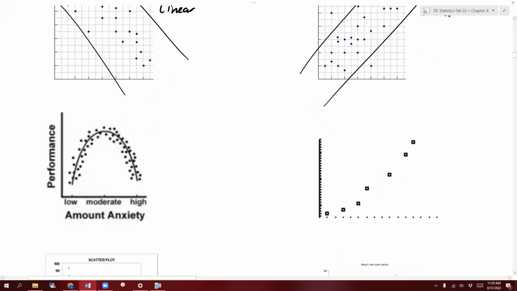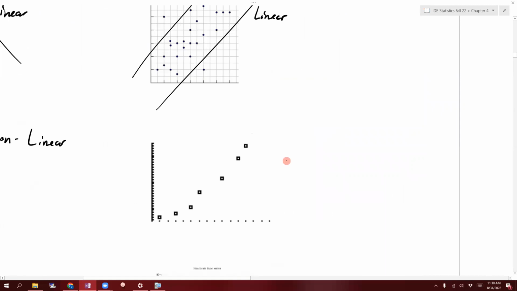And then we have a couple other examples. These are nonlinear. Now, there's clearly a relationship in that one I just looked at. It is a quadratic regression, so it forms a parabola. Over here, again, this is nonlinear.